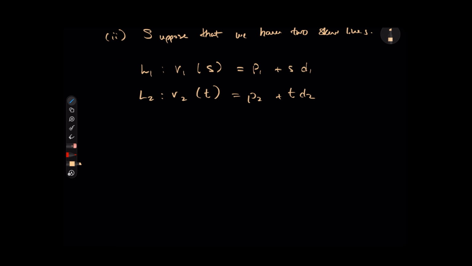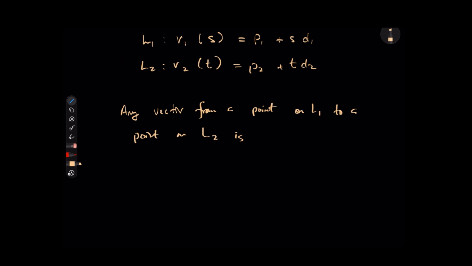Let's write down any vector, just to remember. Any vector from a point on L1 to a point on L2 is of this form.